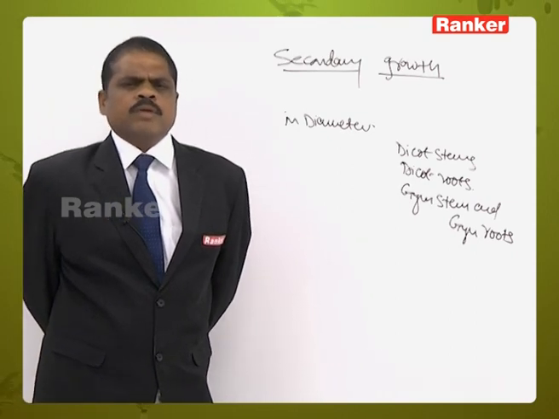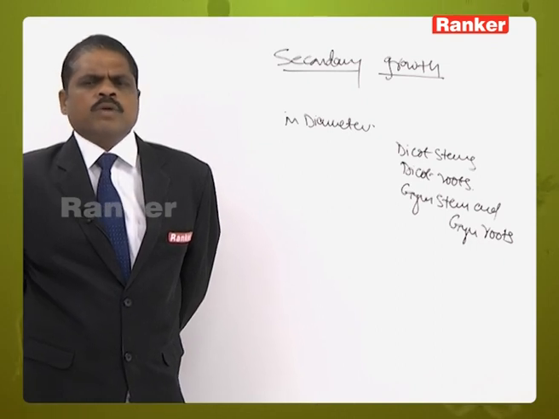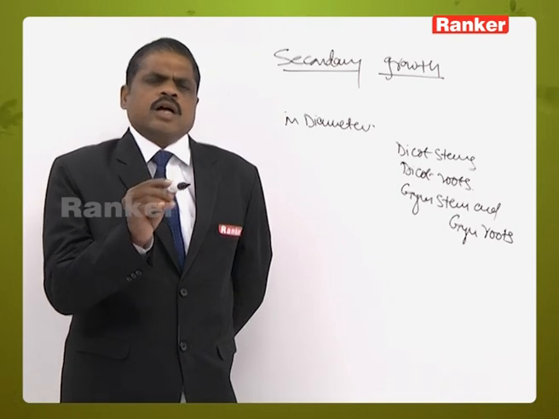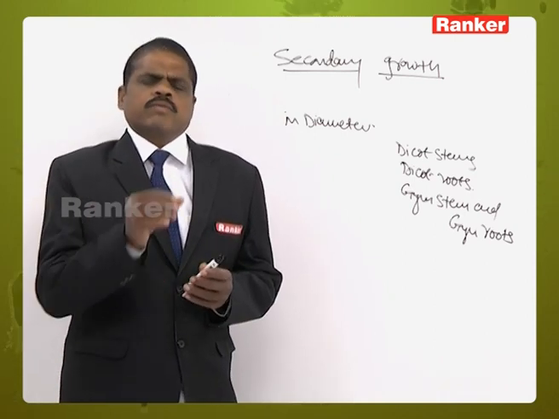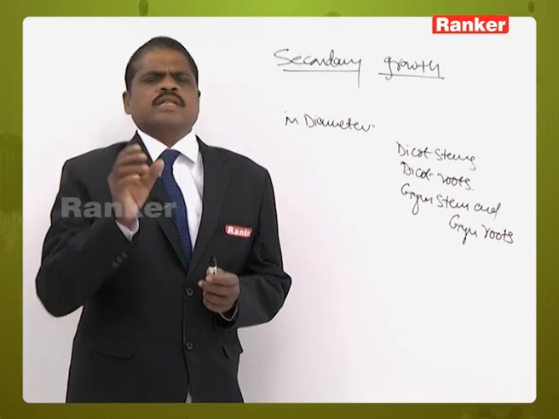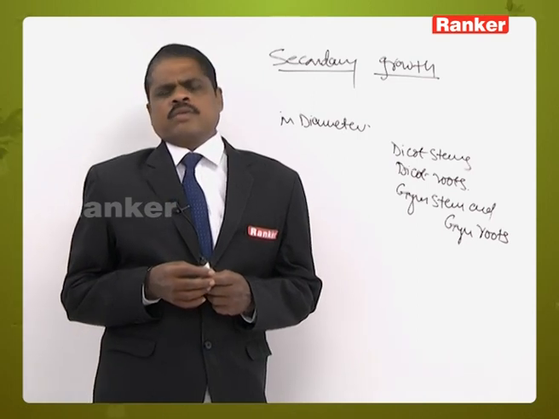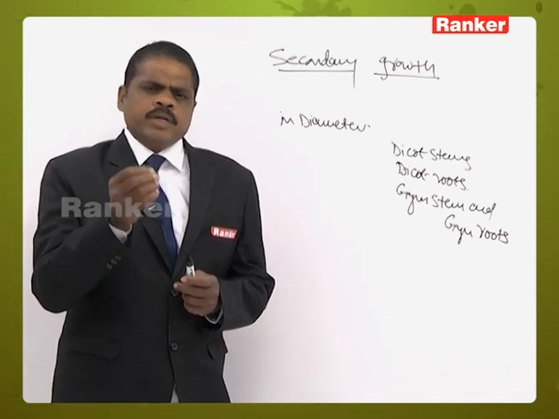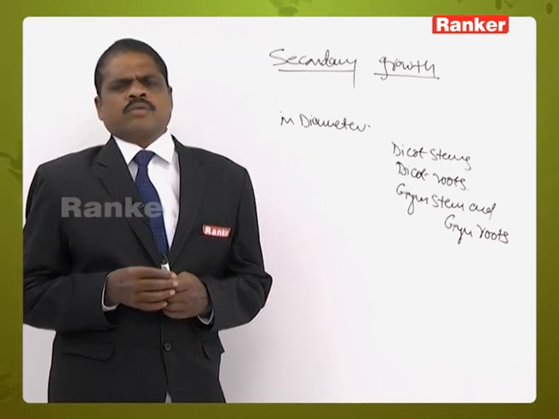All angiosperms do not have secondary growth. Dicots and monocots, together called angiosperms, only dicots have secondary growth. Monocots do not have secondary growth. Gymnosperms, which are primitive to angiosperms, also have secondary growth.